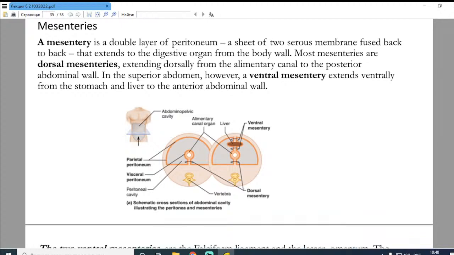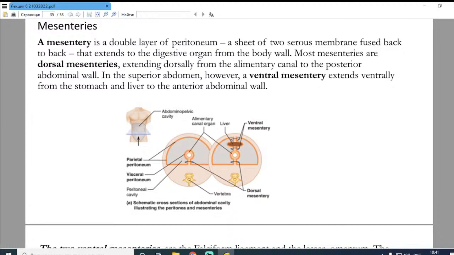A mesentery is a double layer of peritoneum, a sheet of two serous membranes fused back to back, that extends to the digestive organs from the body wall.